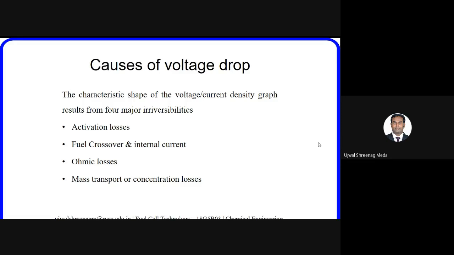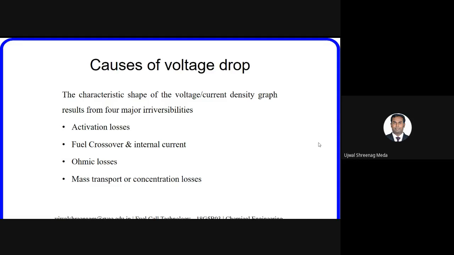If these reactants are not refilled at the rate at which they are consumed, the concentration of these reactants will decrease at the reaction site. So the reactants, that is fuel and oxidant, are continuously consumed at the reaction site, that is the electrode-electrolyte interface.